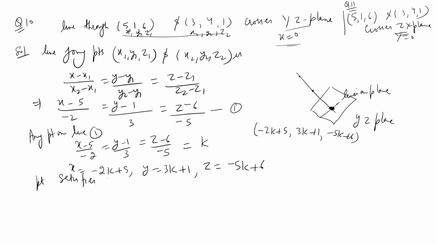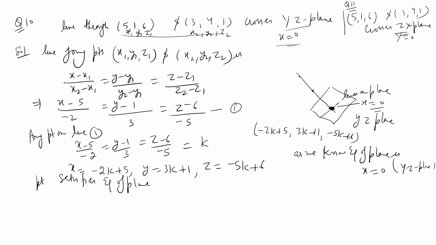So the equation of plane is very simple, because the YZ plane has its equation as x equal to 0. Why? Because it is your YZ plane. So this x, which is minus 2k plus 5, is 0.